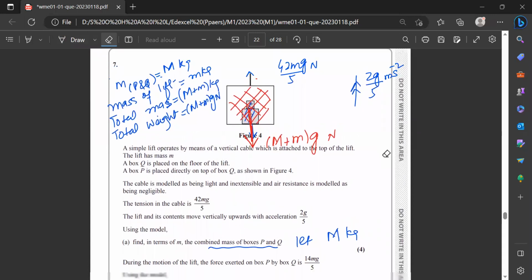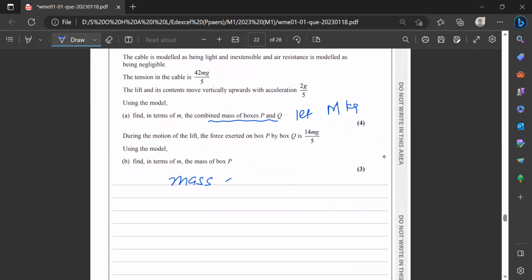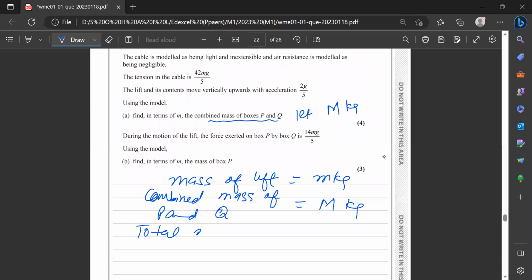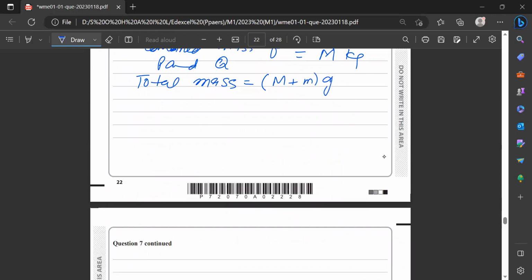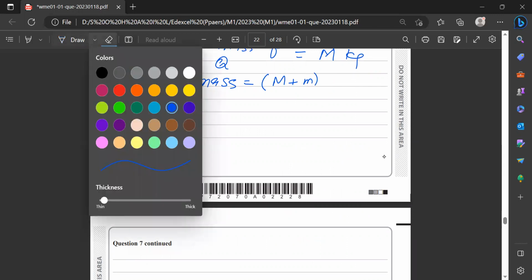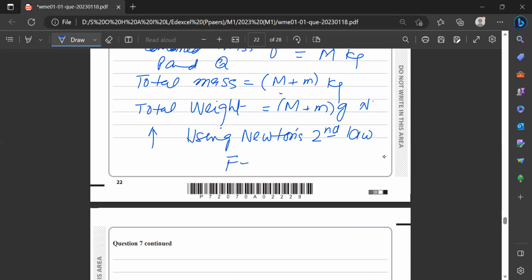Moving upwards, acceleration is given. So as it is moving upwards, by Newton's second law, F equals ma in the upward direction.